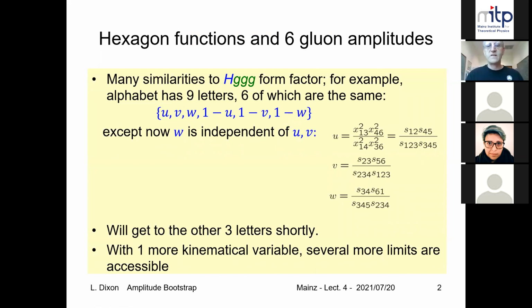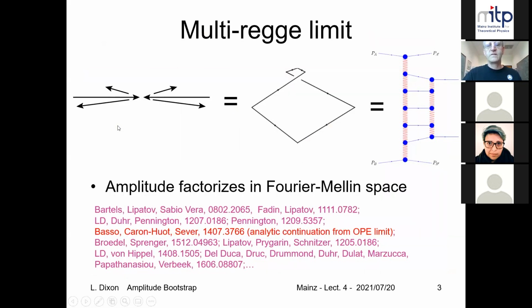And as you might imagine, if you have 3 variables to play with instead of 2, there are a lot more different limits you can access, some of which have quite interesting factorizable behavior, which is somewhat different in each case. I mentioned that there is a Regge or forward limit in that Higgs or 3-point form factor, but it doesn't really expose the full richness yet.